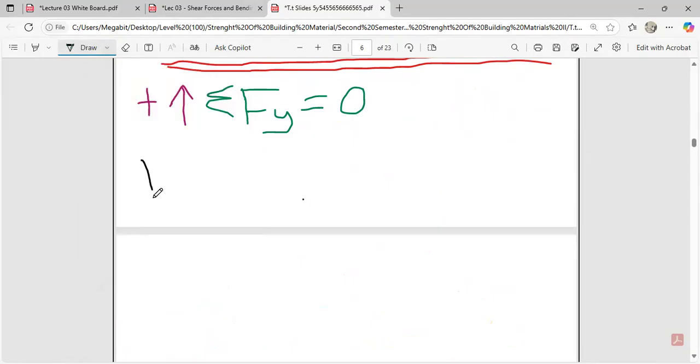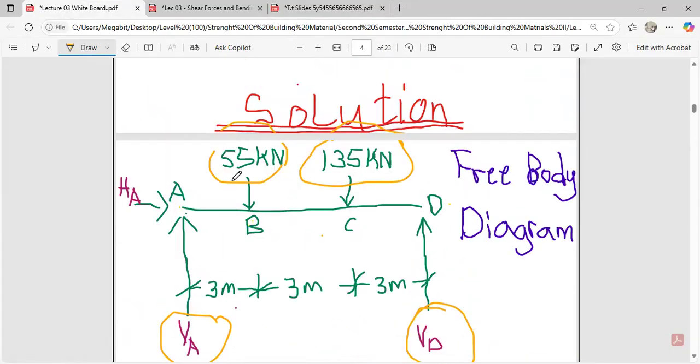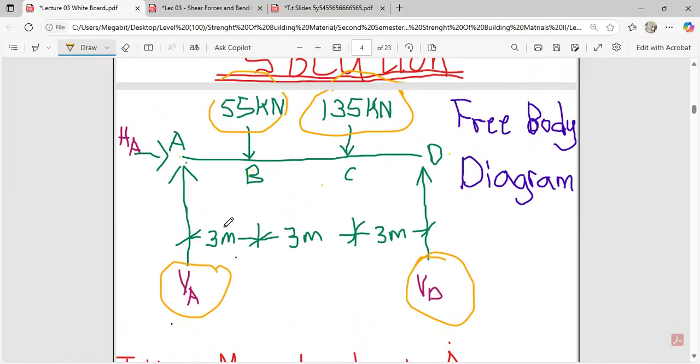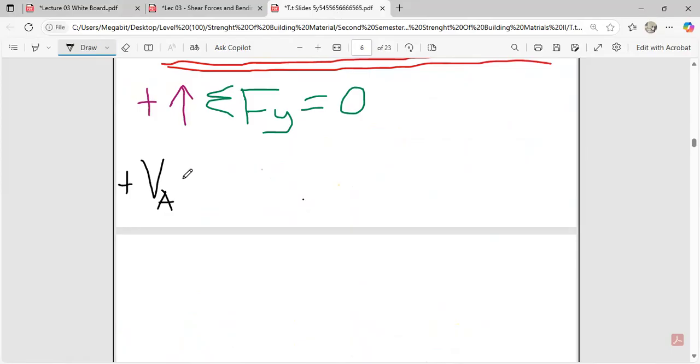So we are going to have positive VA. Then the second one was what? B, and it is moving downwards. Because it's moving downwards, it's going to be minus 55 kilonewton.